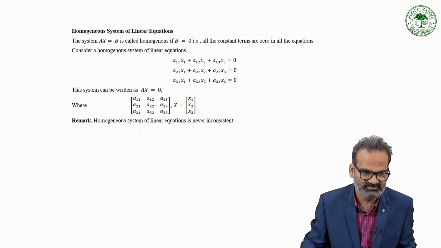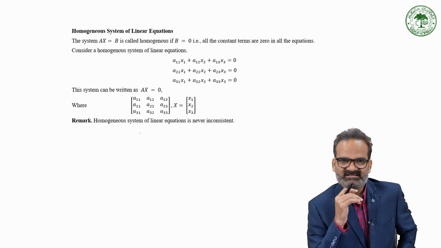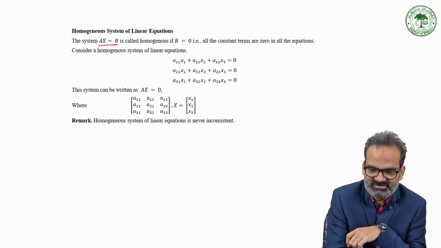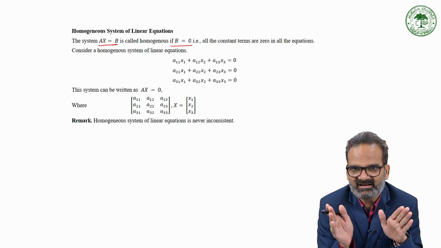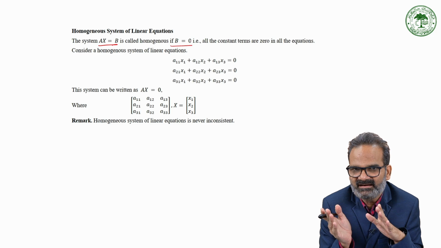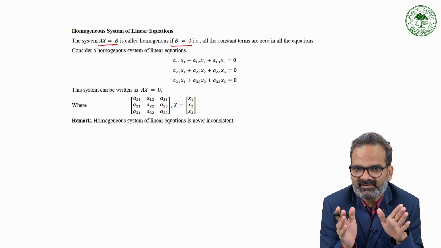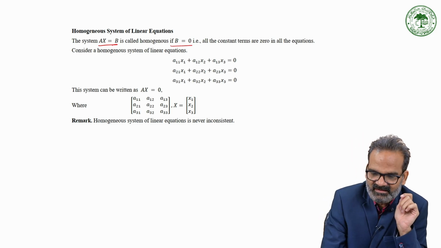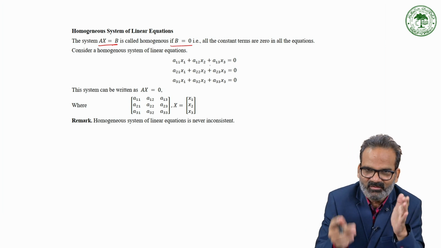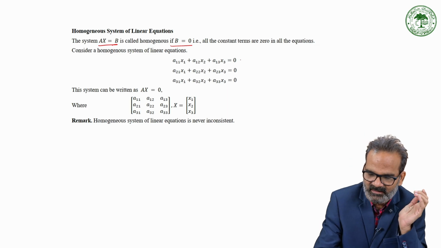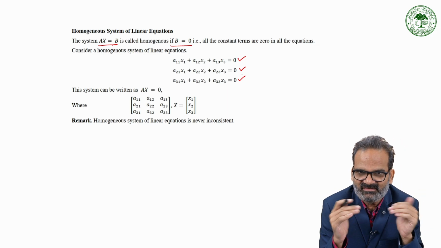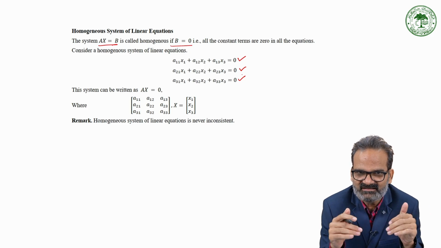Let us take it within few moments. Homogeneous system of linear equations. The system Ax is equal to b is called homogeneous if b identically vanishes. That is, all the constant terms lying at the right hand side of the given equations are identically 0. So the system will become a11 x1 + a12 x2 + a13 x3 is equal to 0. All the equations will remain the same except these terms will become 0. Second equation is a21 x1 + a22 x2 + a23 x3 and so on.